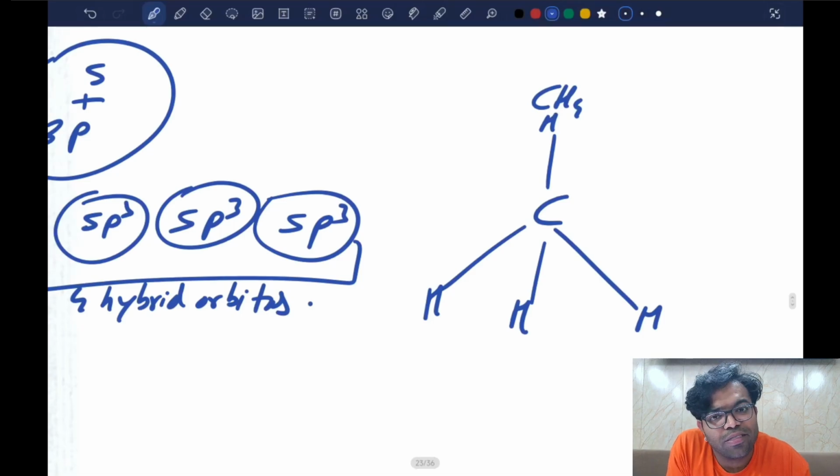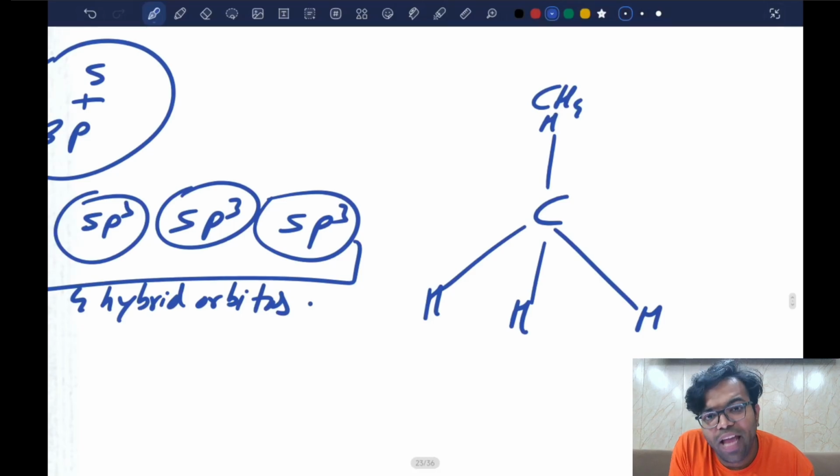So, if you were to consider the VSEPR theory, what would have happened? You would have to take two electrons from the s orbital and two electrons from the p orbital to participate in the bond formation with hydrogen. But that is not feasible because the s orbital's energy is at a lower energy level, and the p orbital's energy is at a higher energy level.